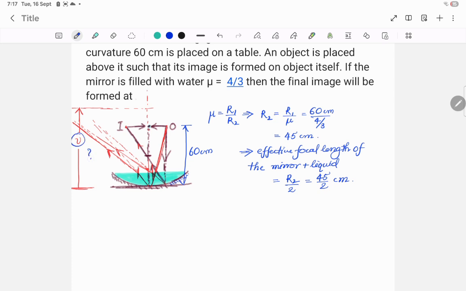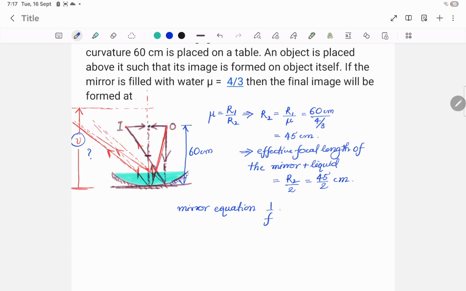Here the object distance, 60 centimeters, is actually negative. Yes or no? And again V is also negative, because for calculated values you don't need to substitute the sign convention. And again the focal length is also negative.